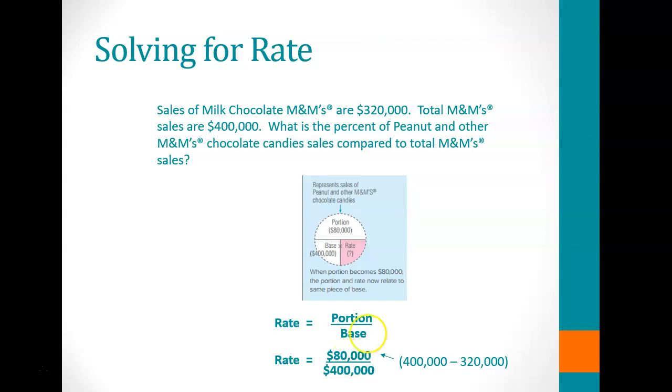That's the sales of the other types of M&Ms. Divide that by 400,000, which is total sales. Therefore, we see that the others represent 20% of total sales. And again, that you knew already, because the milk chocolate sales plus the other sales combined must equal 100%.